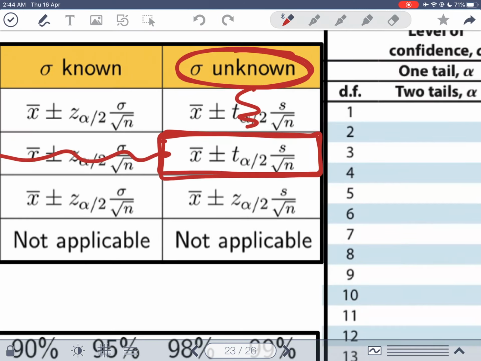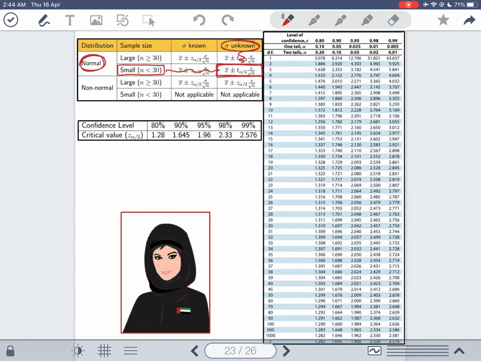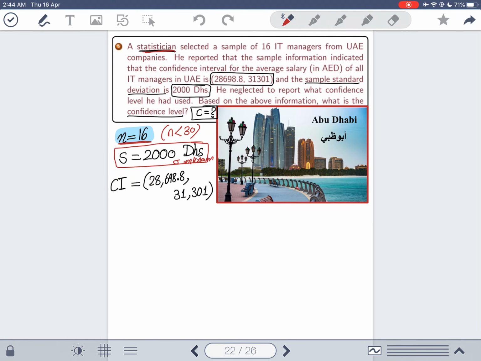At least we know now it's a T distribution that we use. So let's now continue reading. So what is the confidence level? That is the question.